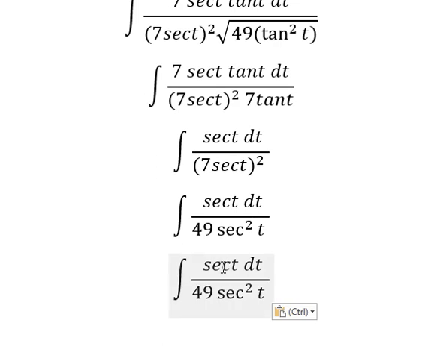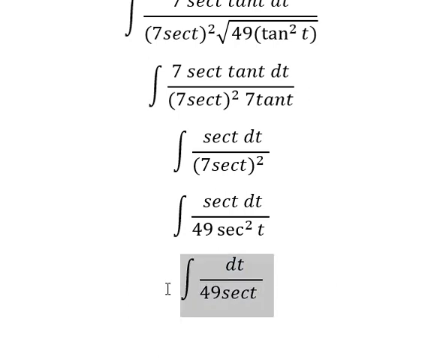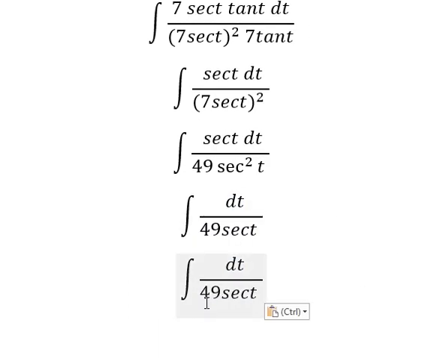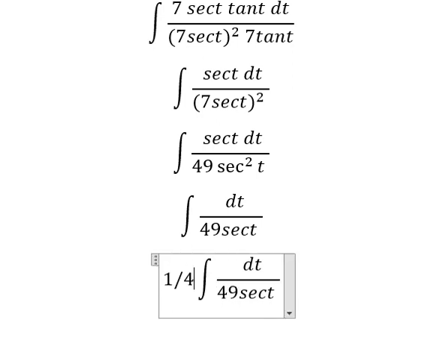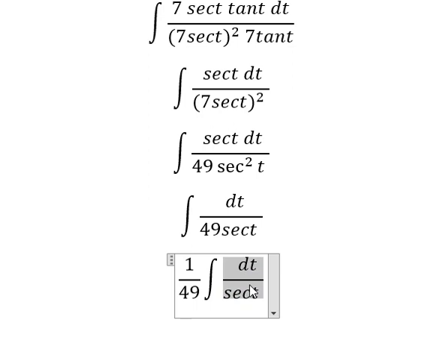So we simplify secant of t, secant of t. So I will put 49 outside. This one we have cosine t dt.